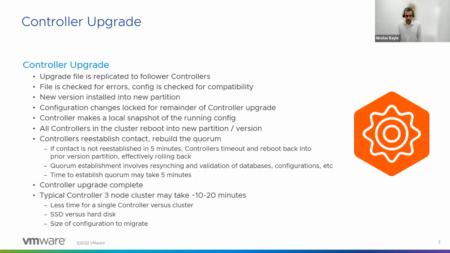And remember what I told you on day 2: a service engine is always attached to a service engine group. So at the end of the day, you will not upgrade service engines individually, you will upgrade the service engine group. And as soon as you start an upgrade of the service engine group, you will upgrade all the service engines that are attached to this service engine group. So this is the philosophy here.